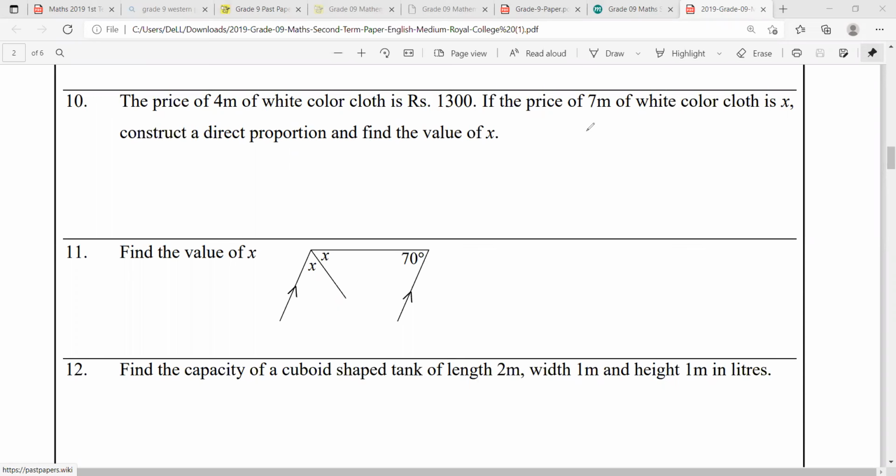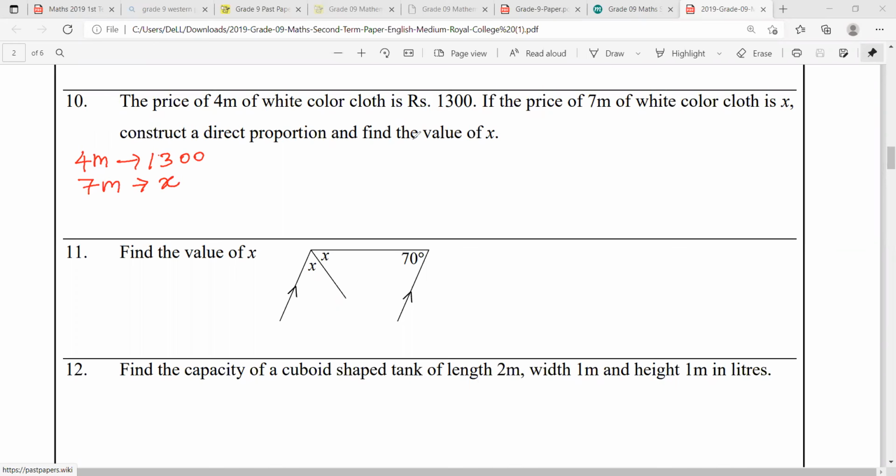If the price of 7 meters of white color cloth is X, construct a direct proportion and find the value of X. So you can see here 4 meters, it is equal to its price, 1,300, and 7 meters is X. This is directly proportional.